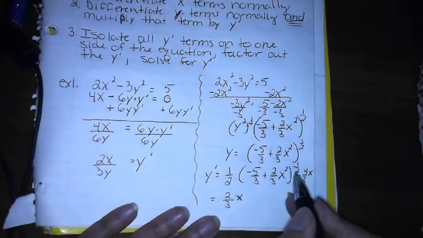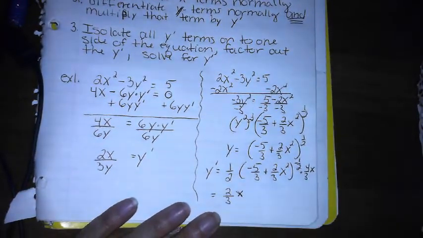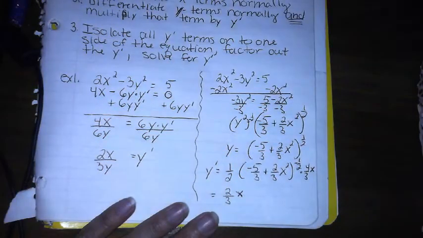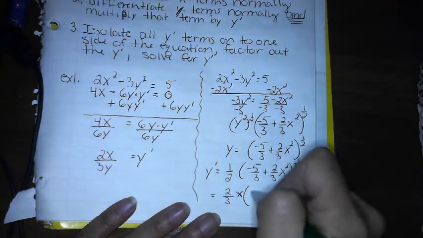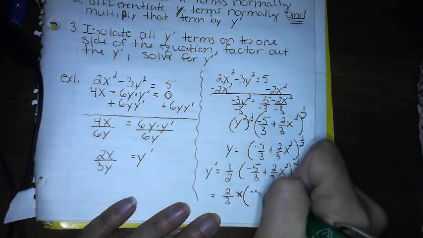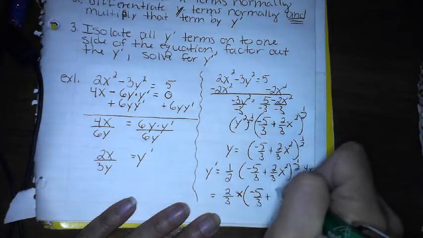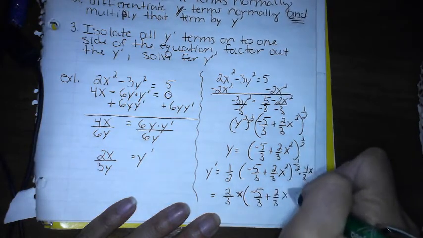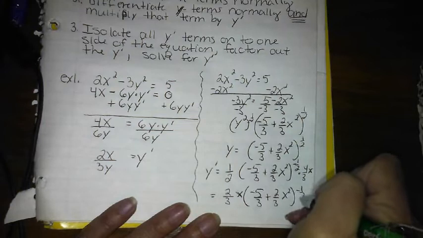And then if I make this a happy exponent, that's going to go into the denominator. Actually, I'm going to leave it like it is. 2/3 x, and then it'll be negative 5/3 plus 2/3 x squared to the negative 1/2. Okay.